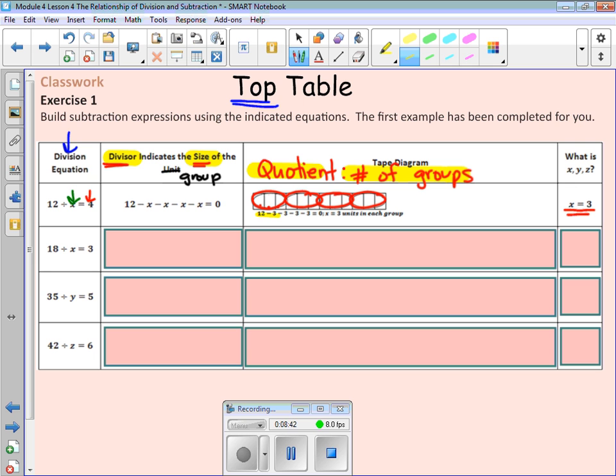Then they took away 3, took away 3, took away 3, and kept taking away 3 until they got to 0. So this is very important, that x equals 3 in each group. Highlight that as a reminder that you have to write that on your homework as well.